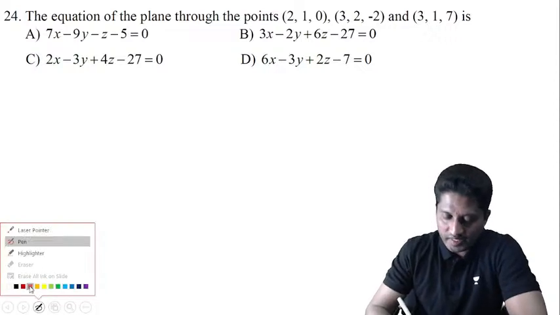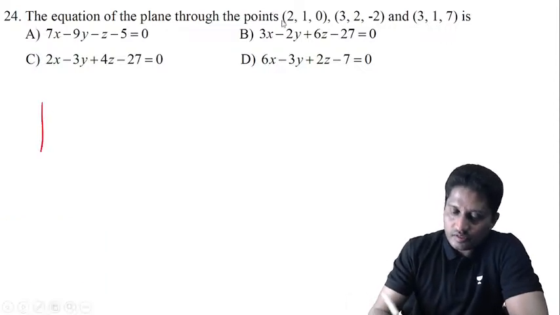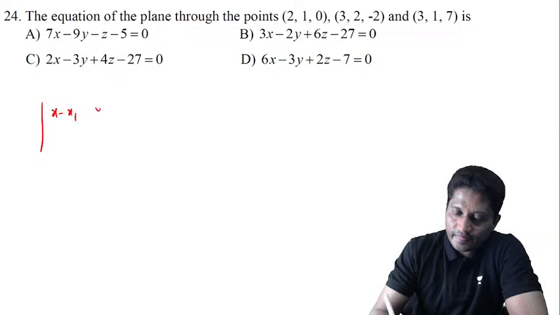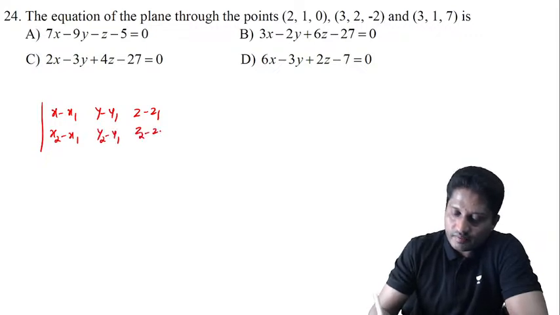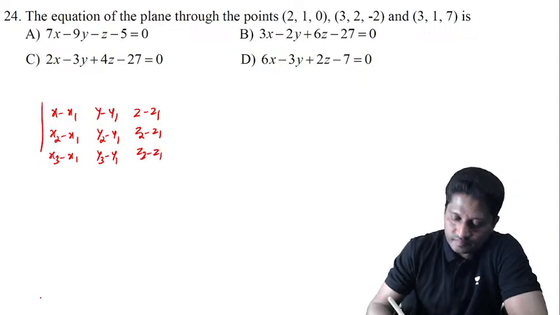Sorry guys, by mistake I deleted. Okay, so this is x minus x1, y minus y1, z minus z1. This is x2 minus x1, y2 minus y1, z2 minus z1. This is x3 minus x1, y3 minus y1 and z3 minus z1 is equal to 0.